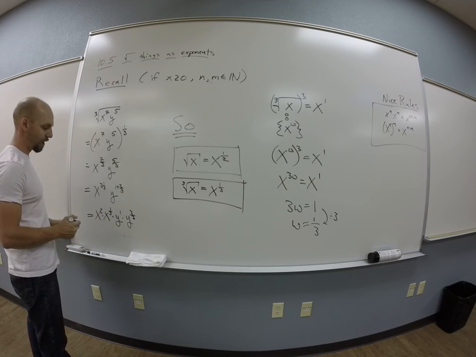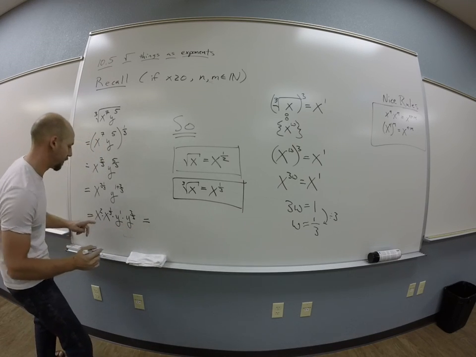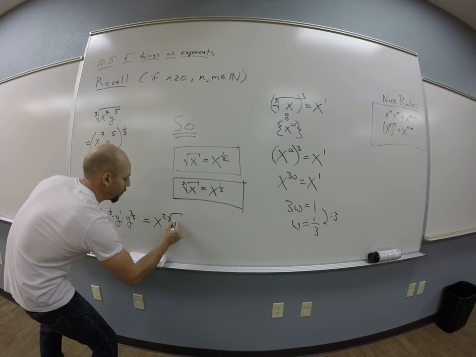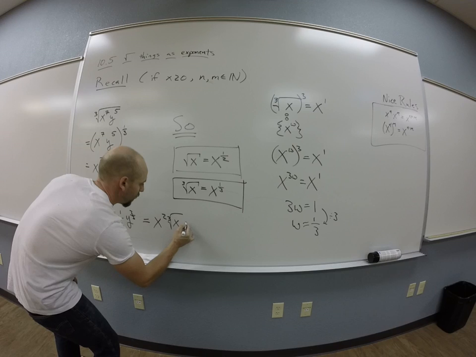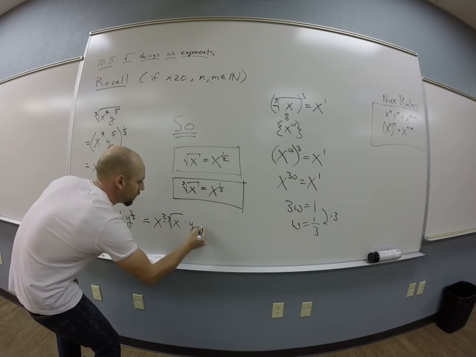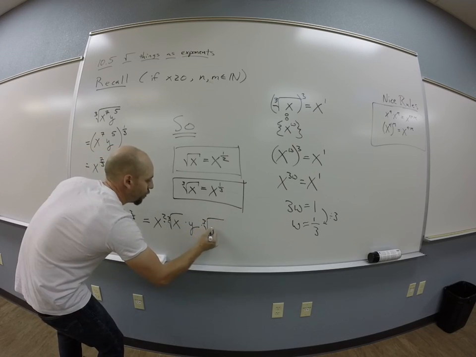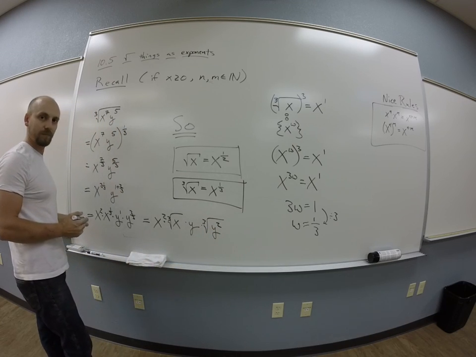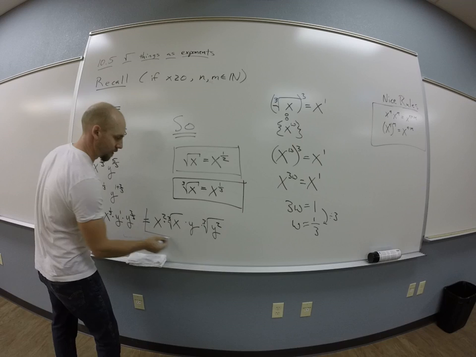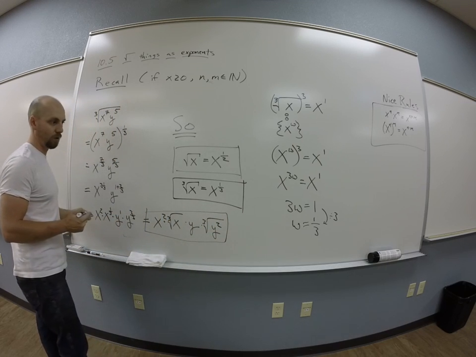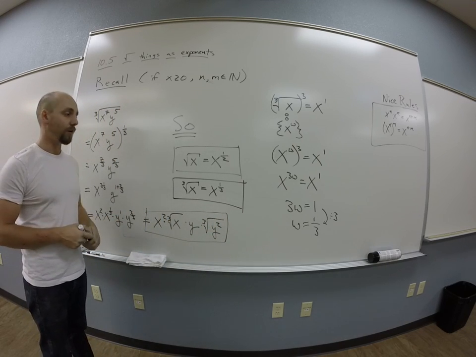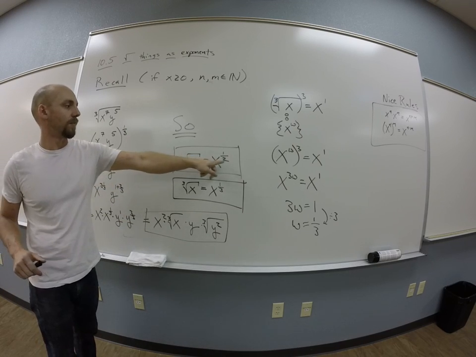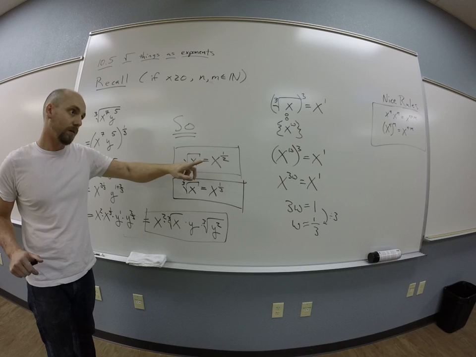And then I could rewrite this in an easier way as x squared cube root of x times y times the cube root of y squared. Cool? So this is how we treat rational roots as rational exponents.